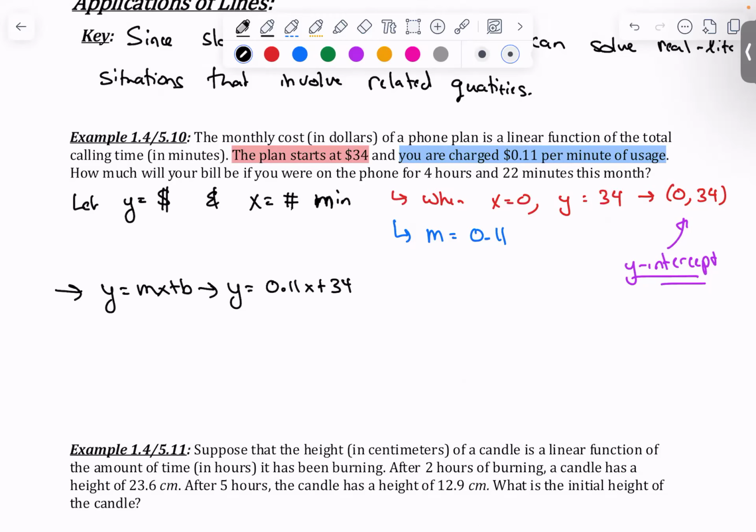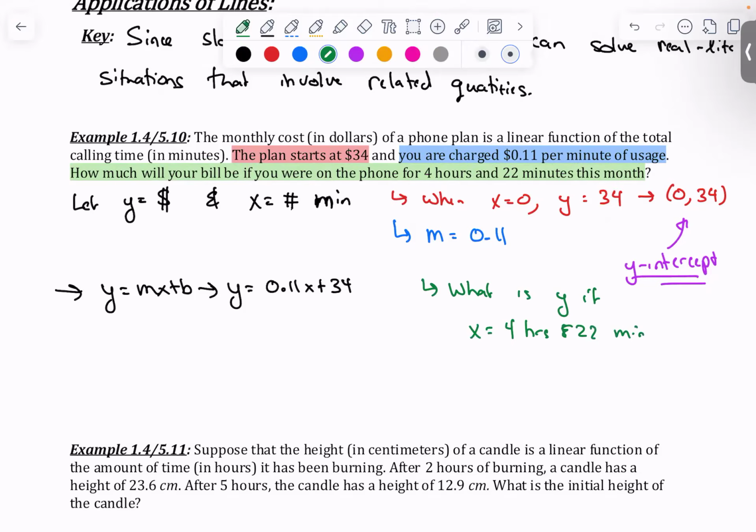So the question asks, how much will your bill be if you are on the phone for 4 hours and 22 minutes? What that's asking is, what is y if x is equal to 4 hours and 22 minutes.